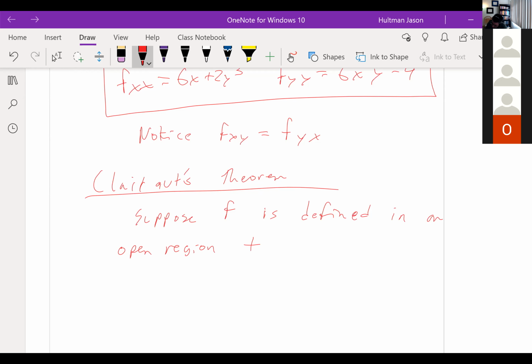Okay, Clairaut's theorem. Okay, suppose f is defined in an open region that contains the point (a, b).